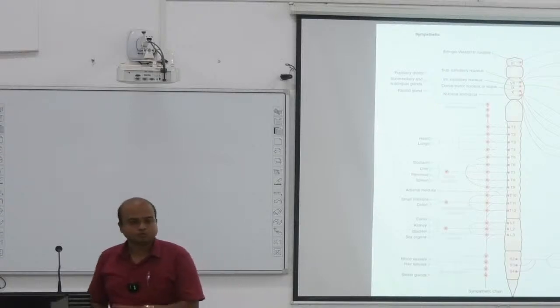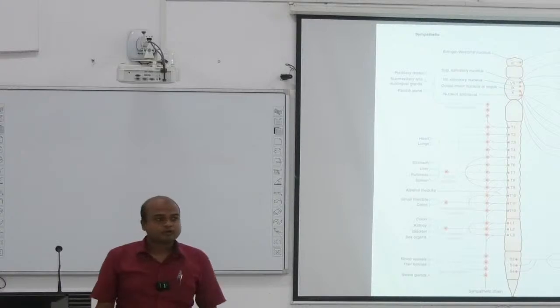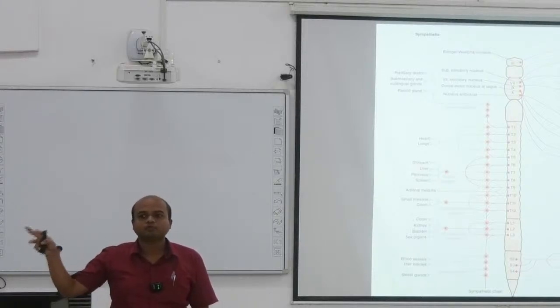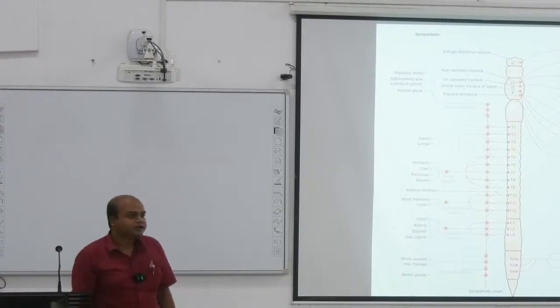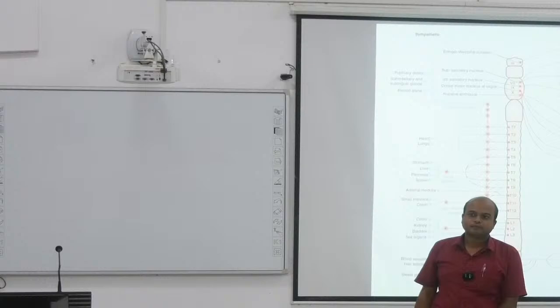You will get it in books, whichever books you study. For 7th nerve, superior salivatory nucleus and 2 ganglia, sphenopalatine ganglia and submandibular ganglia. Sphenopalatine ganglia, postganglionic neurons will go to lacrimal glands and nasal glands. Submandibular ganglia, postganglionic fibers will go to where?